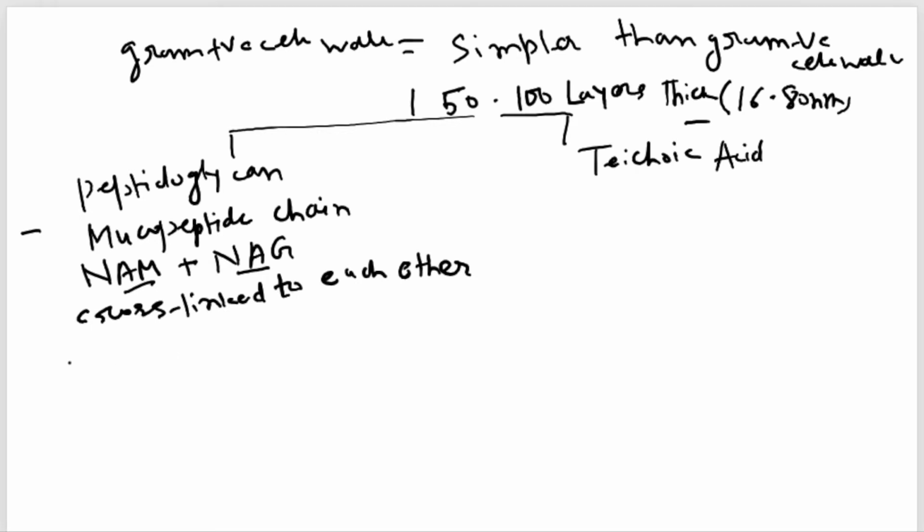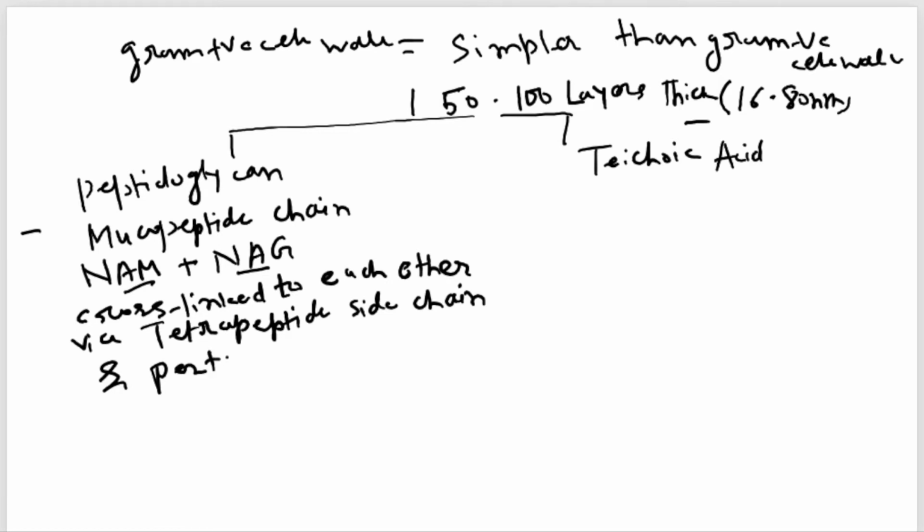Via tetrapeptide side chains and pentaglycine bridges. We call them bridges. Don't worry, I will show you the diagram for a good understanding. Again, I am repeating, a very important structure is peptidoglycan.